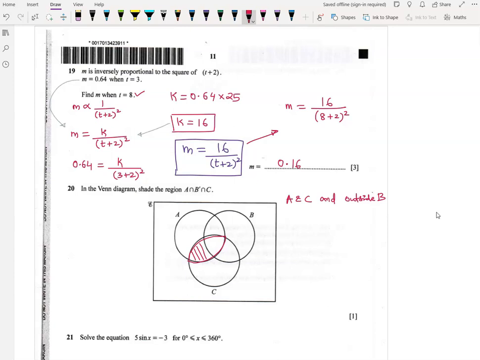So we need to shade only this part, and that's it. This is our answer. So the region which is common with A and C, but it is outside the circle B. And that's it. It is only for 1 mark.